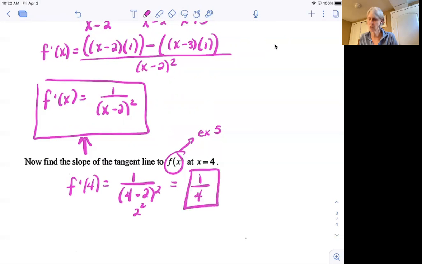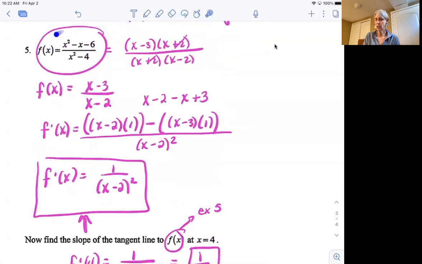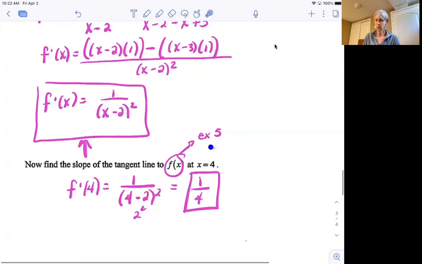So the slope of the tangent line to this function at x equals 4 is 1/4. I want to do an application like this because I don't want you to forget that the rule you get, the derivative, is a rule to find slopes of tangent lines. And we haven't done that in a few days.